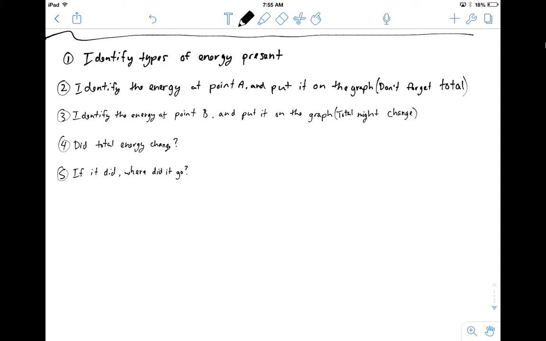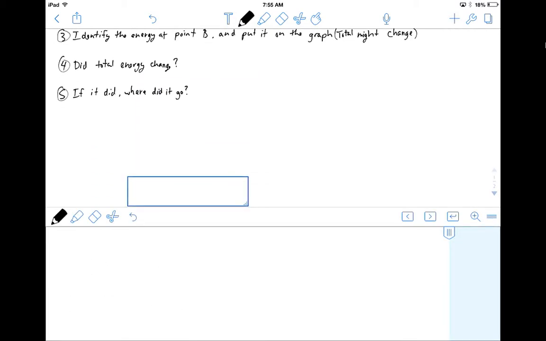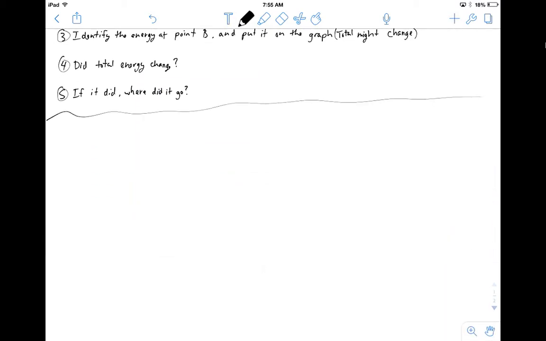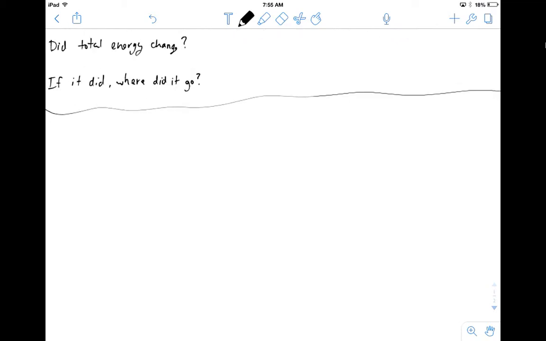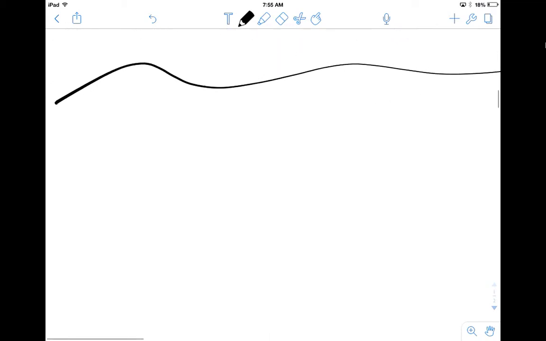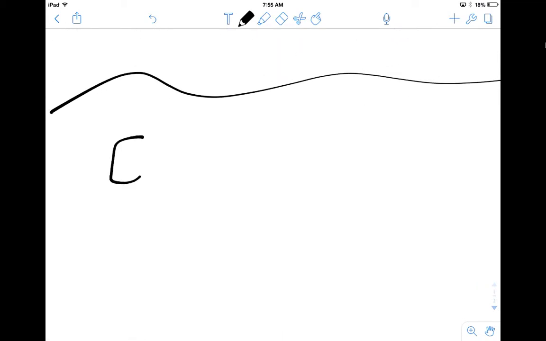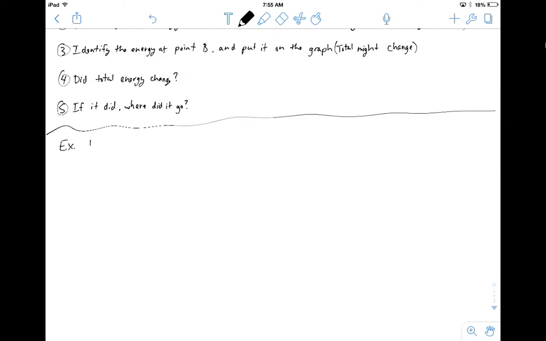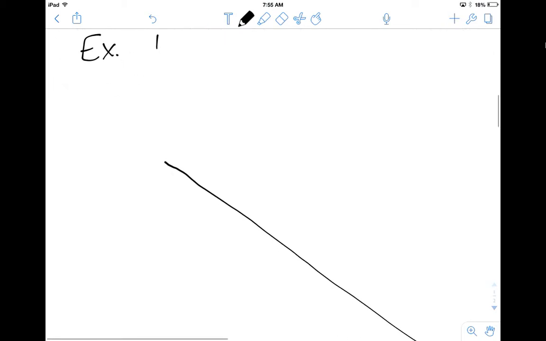Okay, so that's enough writing, let's do some examples. So example one. Now I'm going to make a drawing here. So I'm going to say that we have a ramp, and on our ramp we have a car.